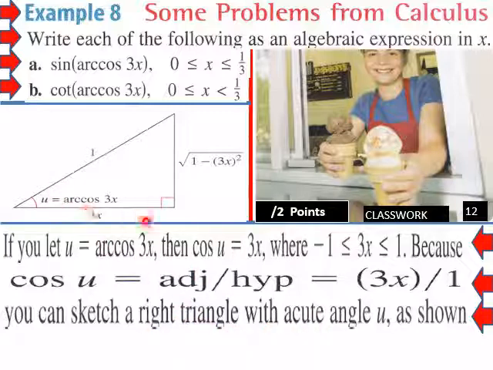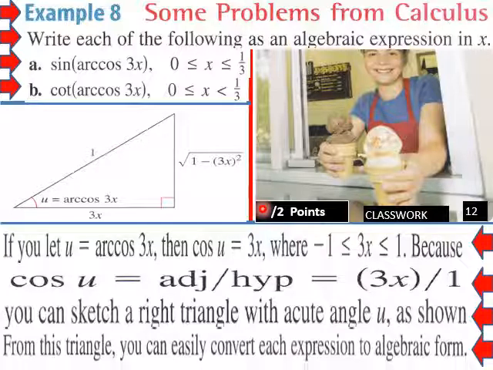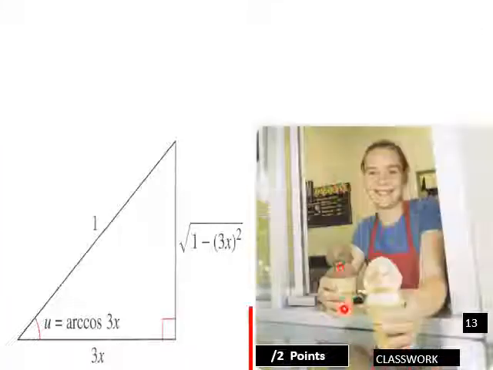This would be the triangle that satisfies this relationship and these side measures. So this is u, where we have adjacent 3x over hypotenuse 1. From this triangle, you can easily convert each expression to algebraic form.